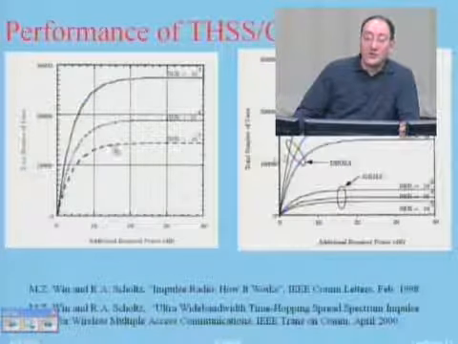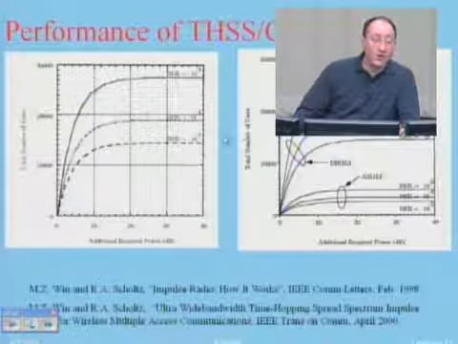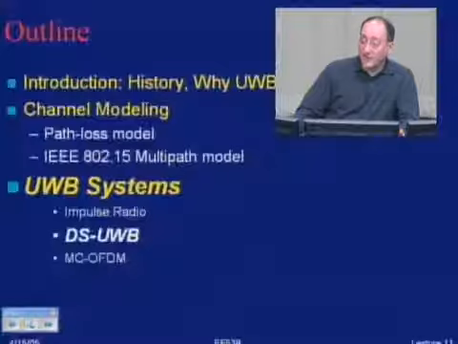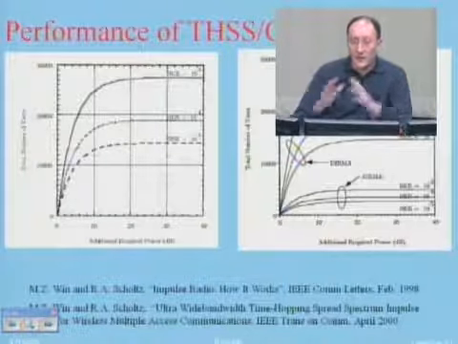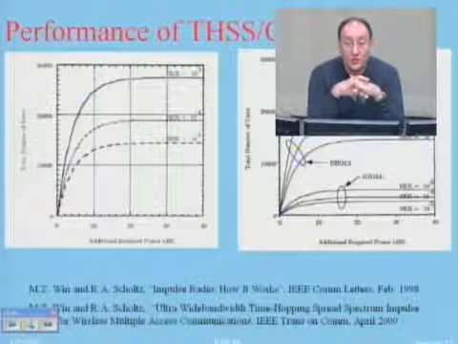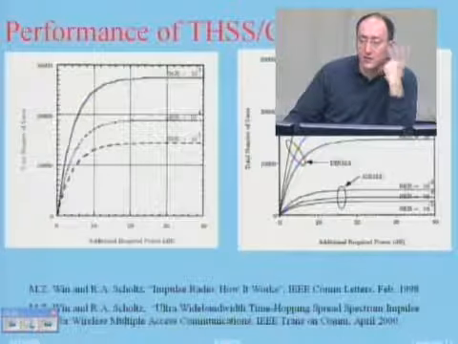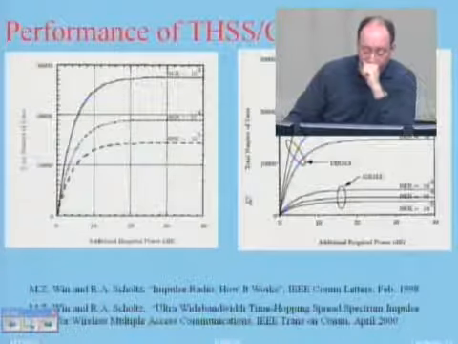And the only difficulty that they had was what? Fitting to the bandwidths of FCC. Now, the advantage was low power, very low power. Okay? So this is impulse radio technology.